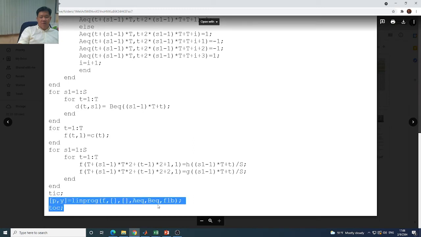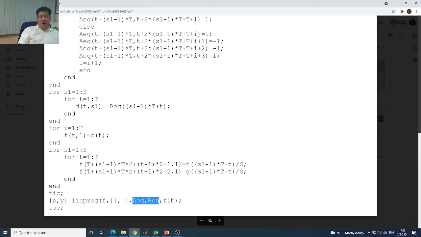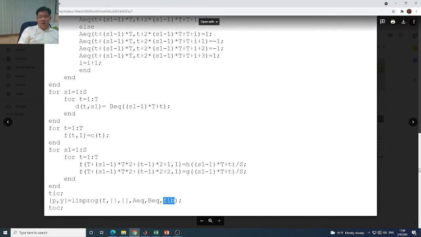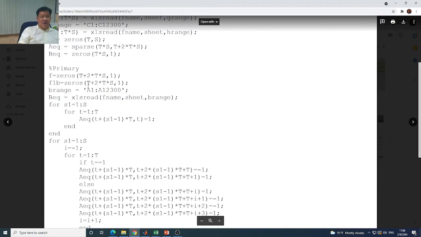Okay, we want to put the production planning solution in variable P with the objective function value Y, using linprog, where the cost coefficient is F, with all the equality constraints, and the lower bound is 0, FLB as set here.